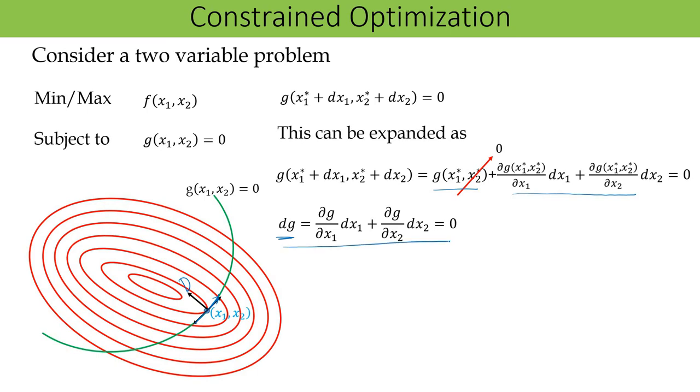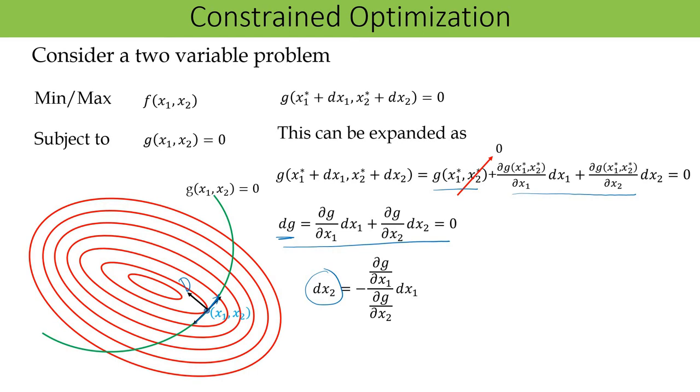So now if I rearrange these terms to find the value of dx2, what I'm getting is dx2 is equal to minus del g by del x1 divided by del g by del x2 times dx1.